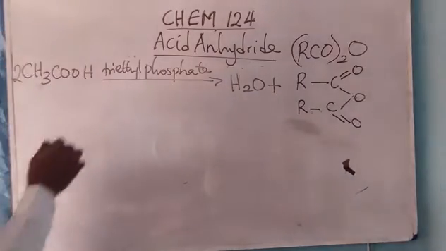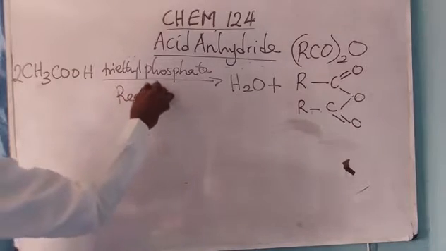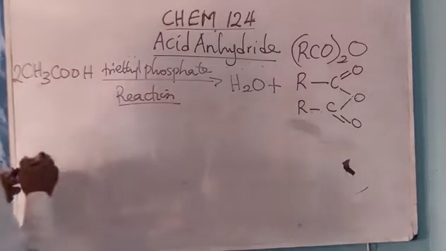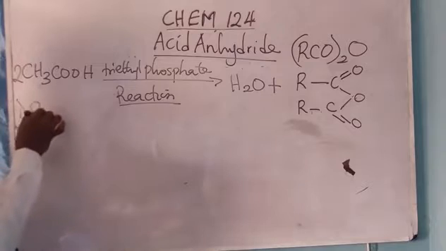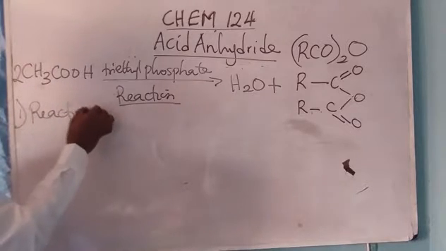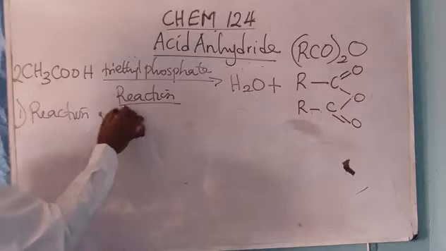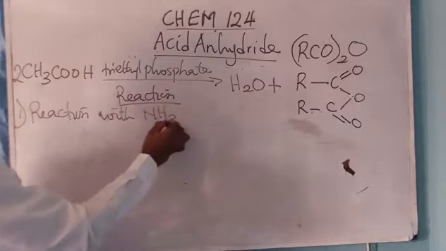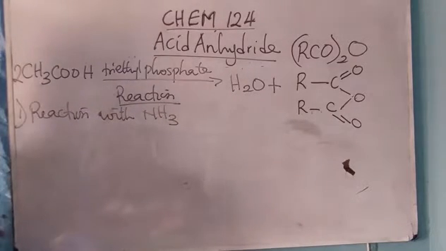Now let's discuss the reactions of acid anhydride. What kind of reactions does it undergo? 1. Reaction with ammonia. It reacts with ammonia to produce amide and carboxylic acid.